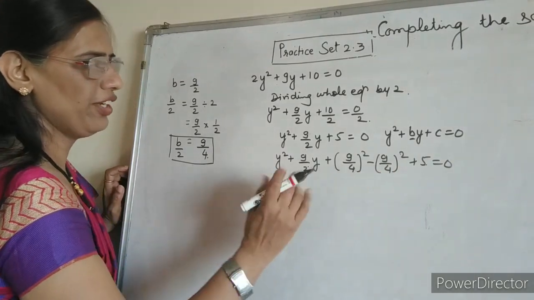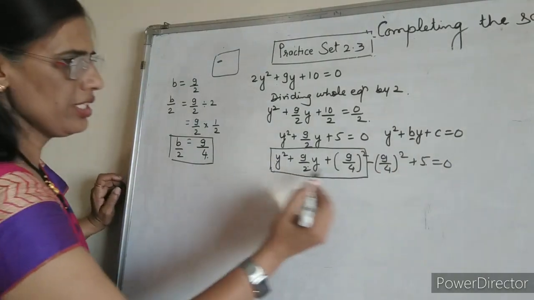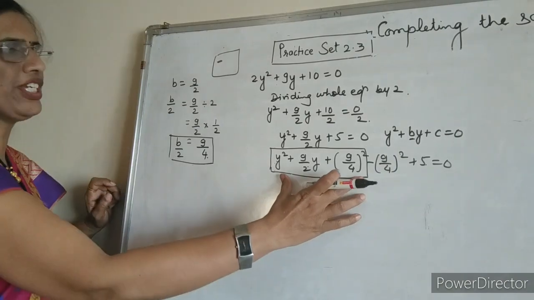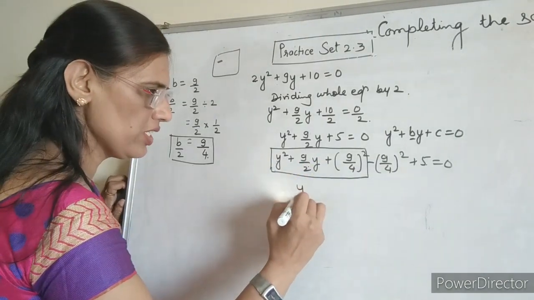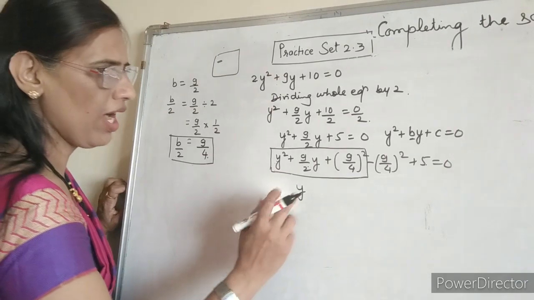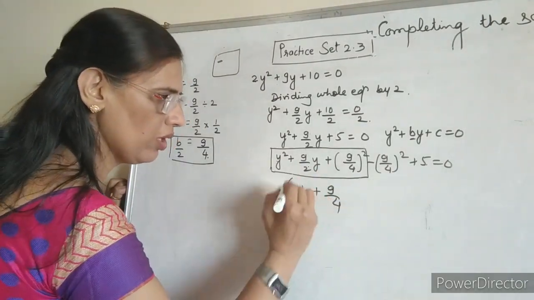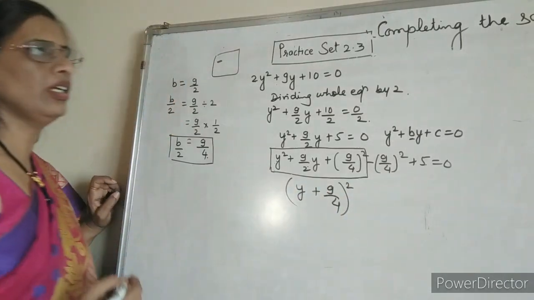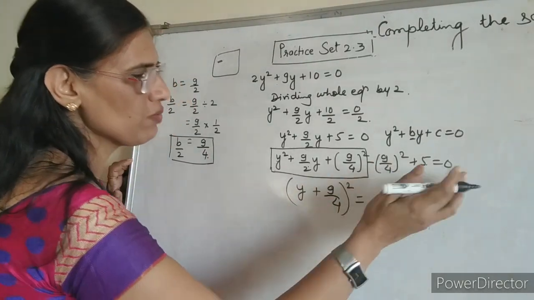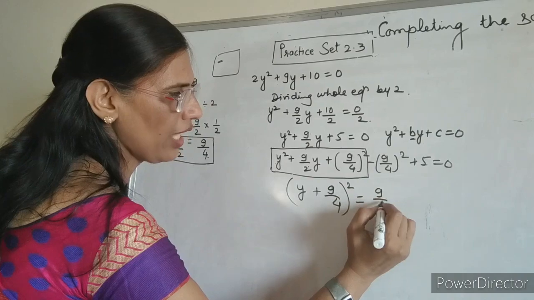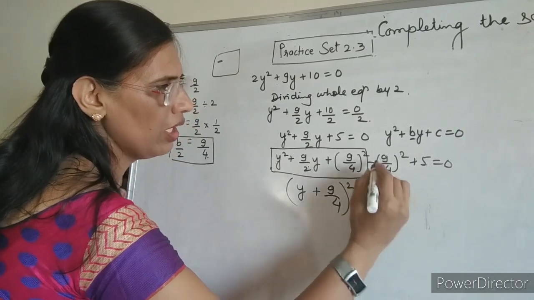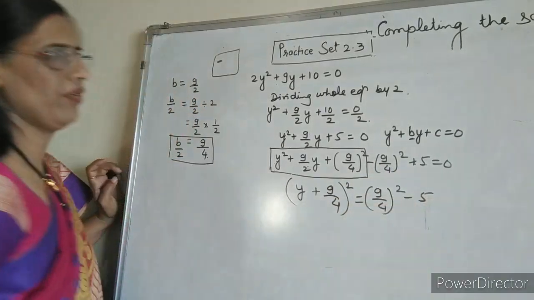Now again we get 5 terms. As usual, the first 3 terms form a complete square. y square is the square of y and this is the square of 9 upon 4. The middle term is positive and this is a perfect square. And here we will transfer to this side, we get (9 upon 4) whole square and here negative 5.